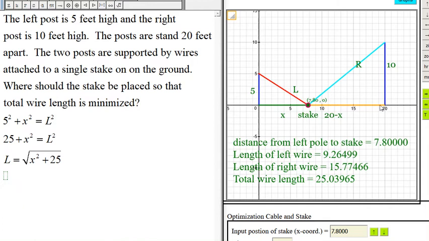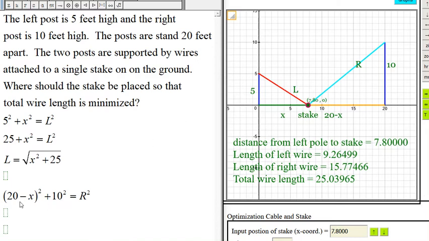And then now let's look at this other right triangle. Here we would have (20 minus X) squared plus 10 squared is equal to R squared. So we have (20 minus X) squared plus 10 squared is equal to R squared.